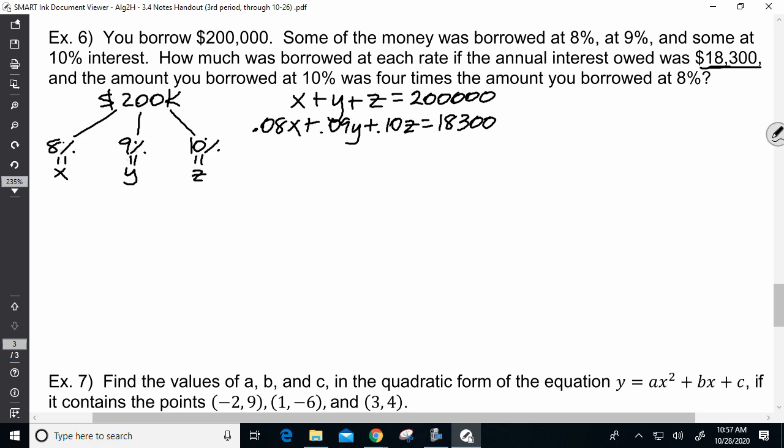So my 10% variable was Z. So Z has to equal 4 times the amount I borrowed at X. Z is 4X. There's my three equations. Any questions on how any of them was set up?